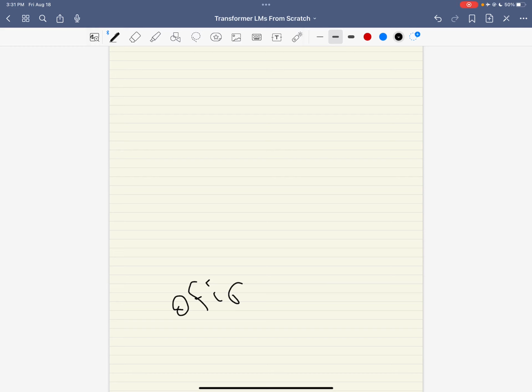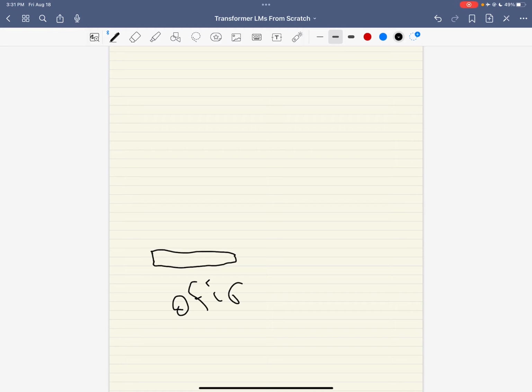So Ophir is going to have a specific vector, and is going to have a specific vector, and Alex is going to have a specific vector, and dog is going to have a specific vector. And we're going to take the vector for Ophir, and it's a vector of size 1,000.